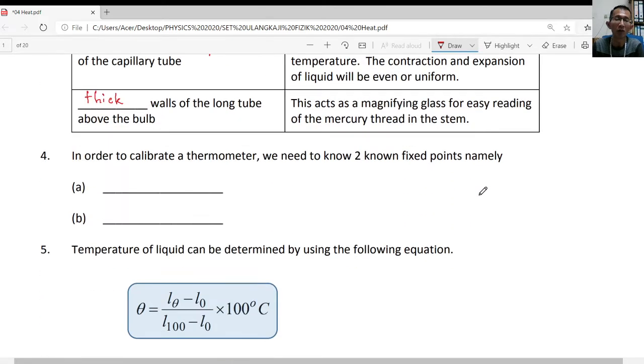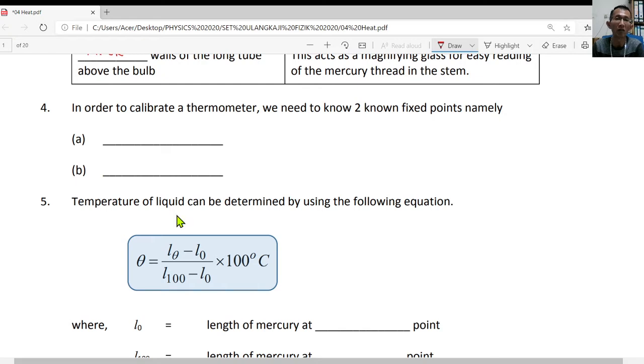We move on. In order to calibrate a thermometer, we need two known fixed points, namely the freezing point and the boiling point.